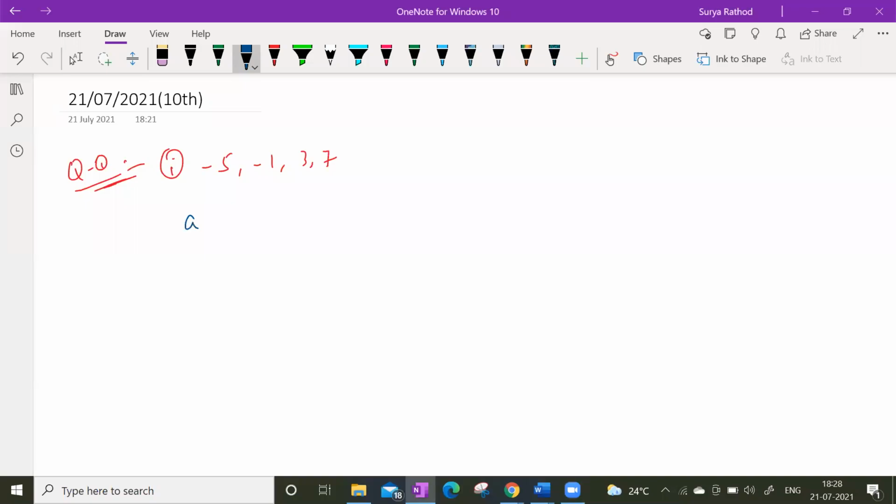So he's asking to write A and what is the common difference. What is A here? A is equal to minus 5. Common difference is what? Minus 1 minus of minus 5, which means minus 1 plus 5 is equal to plus 4. Clear? Common difference is 4. What is common difference?